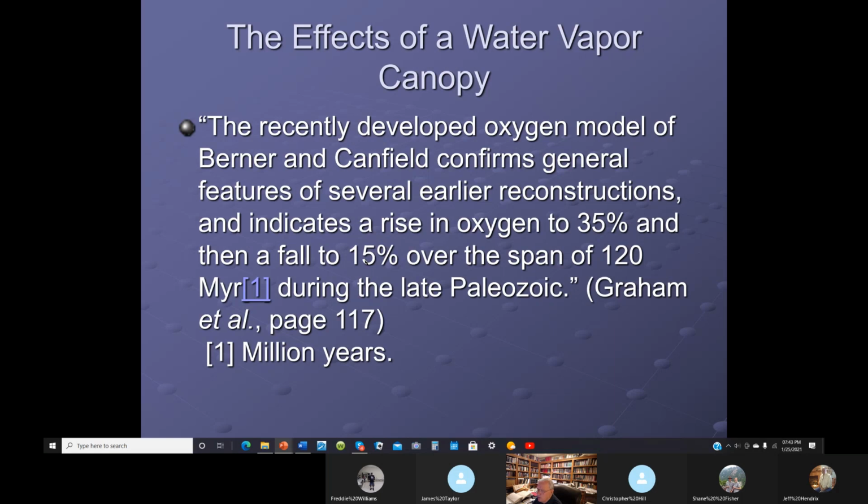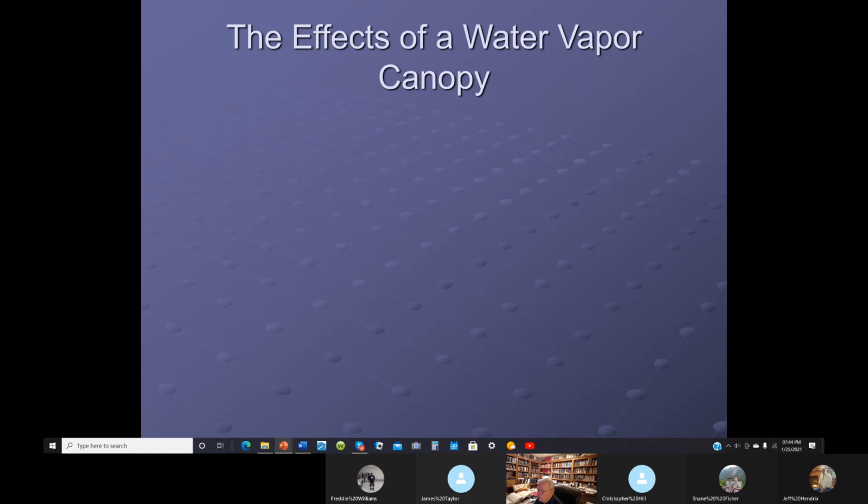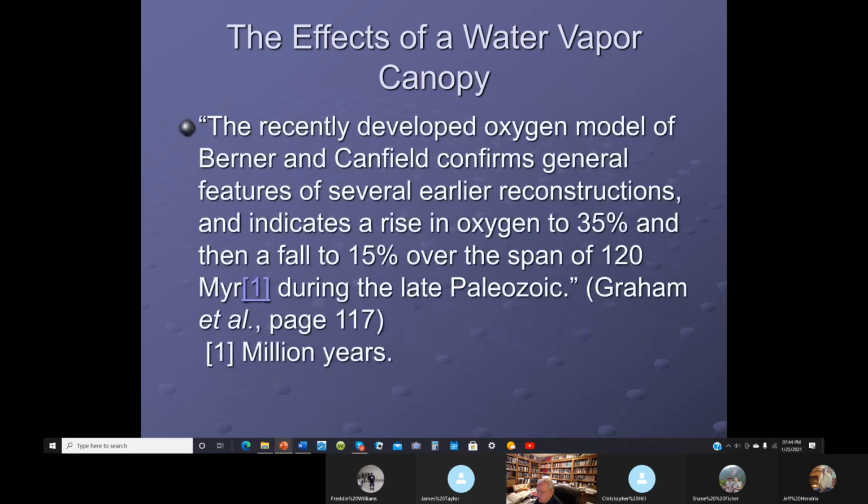Well, that would be pretty hard to live and breathe in during the later Paleozoic. But the source, they got 35%. Now, that's the same figure we got up here with Hecht. He got 35% with some other piece of information. So we got two pieces of information that have it 35% in the past at one time. Are there questions?